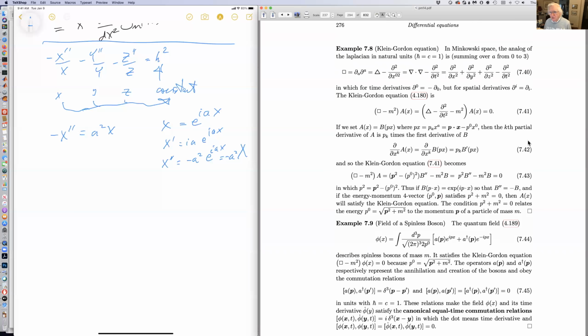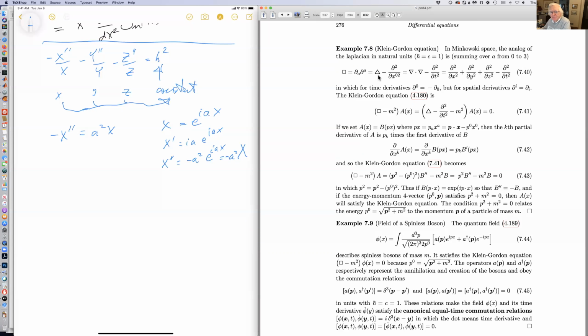The Klein-Gordon equation. Well, Minkowski space just means flat space. The analog of the Laplacian, again in natural units, looks like this. And so what we get is the Laplacian minus d by dt squared. So here I'm doing the right thing. I was just sloppy in the earlier equation.